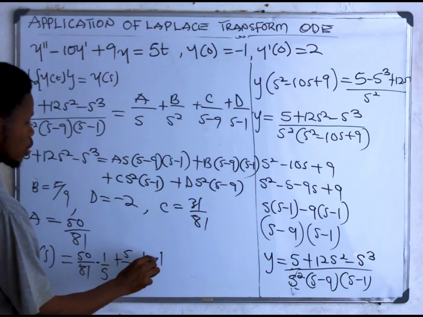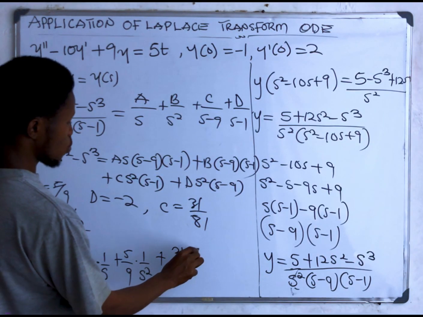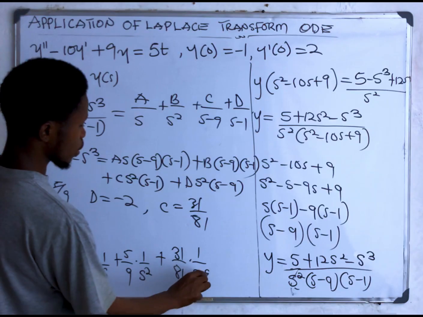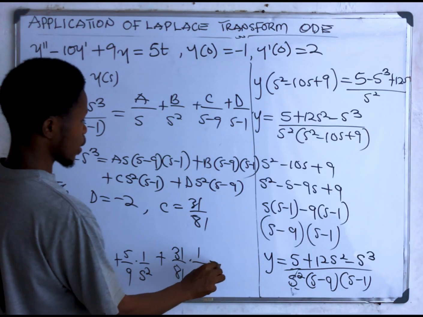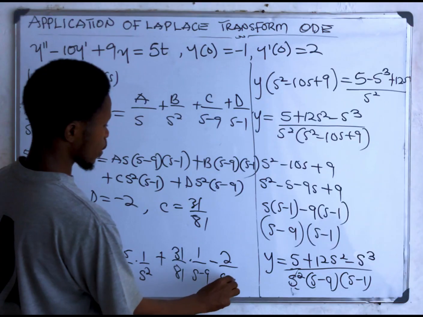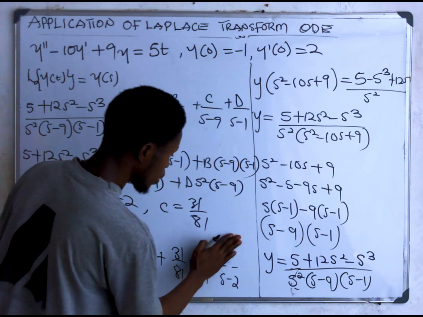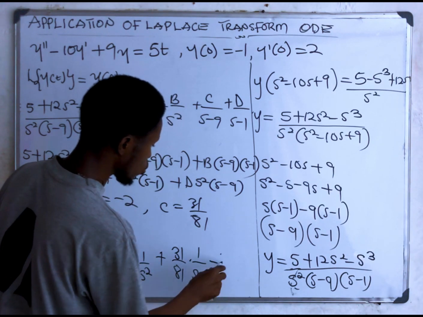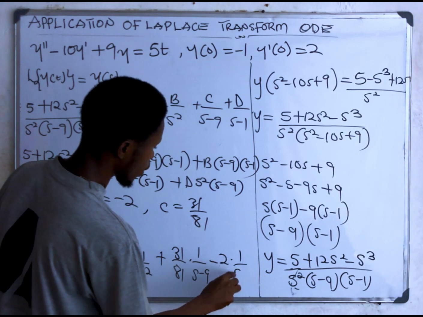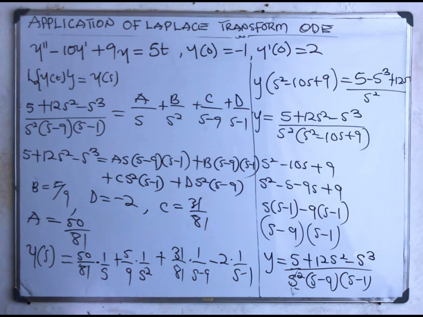Then C is 31/81 times 1/(s minus 9). Then the last one, minus D is 2, so minus 2/(s minus 1). This is very simple to do, right? For it to be easy for me, I can write it as -2 multiplied by 1/(s minus 1). So this is what I have.